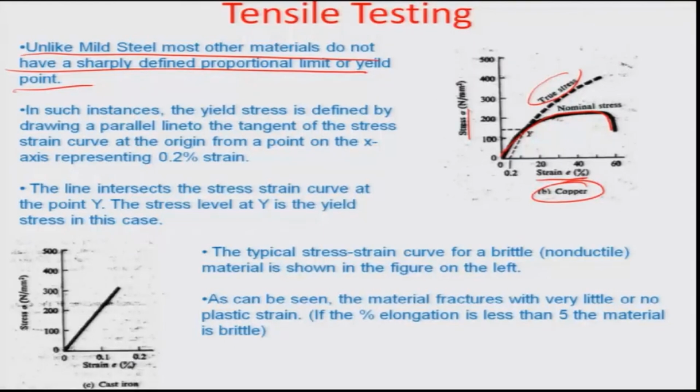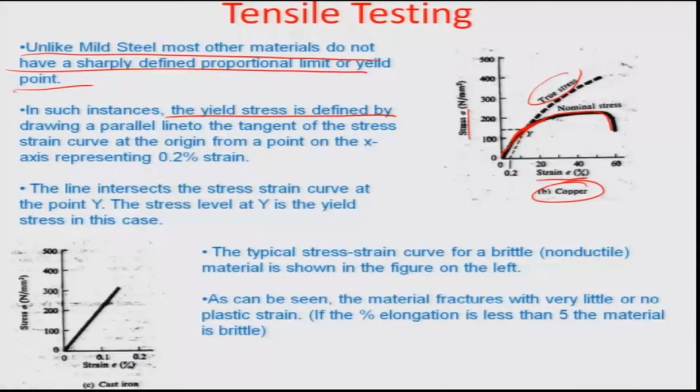So, you can see that it is not that sharp, or it does not have that many features like the well defined yield point or the well defined portion where the necking or breaking would take place as in the mild steel case. In such instances, there is one continuity, there is no point where there would be a sharply defined upper yield point, as in the case of mild steel.